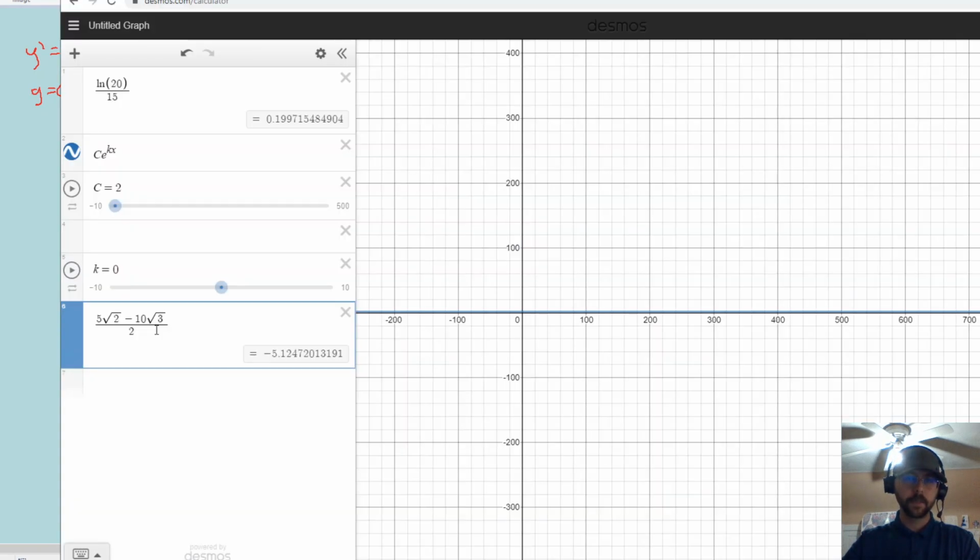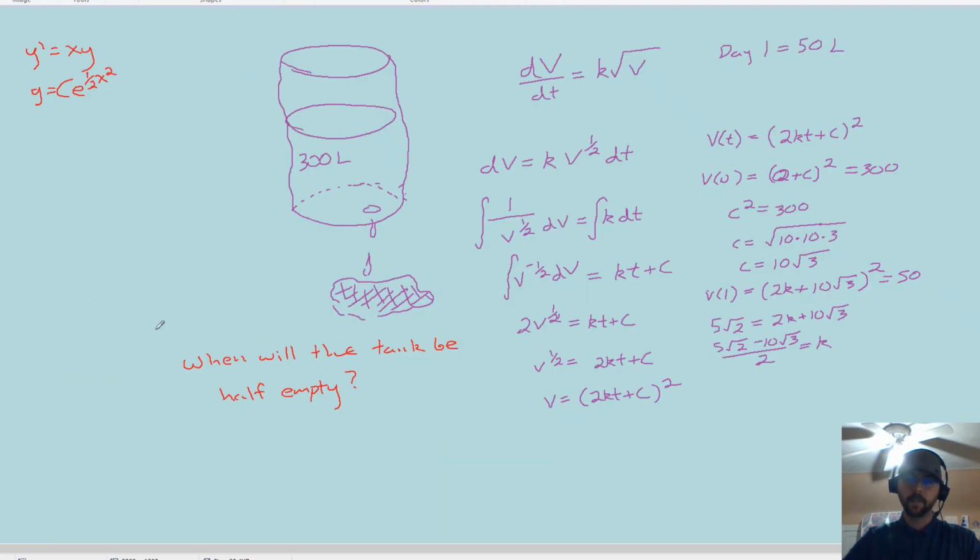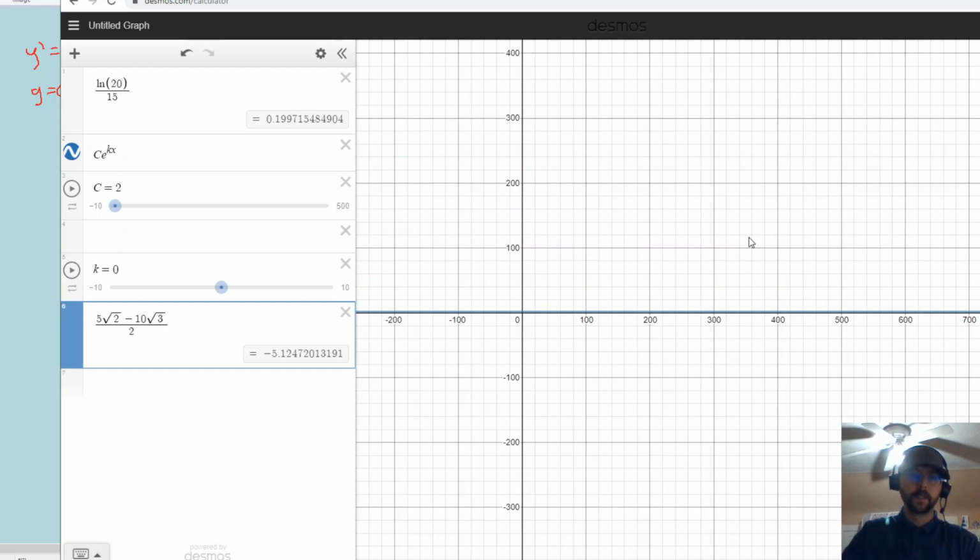Yep, and that is equal to, we'll call it negative 5. I'm going to try to keep the numbers really nice and simple. So k is negative 5, approximately. So v of t equals 2 times negative 5, which would be negative 10, negative 10t.